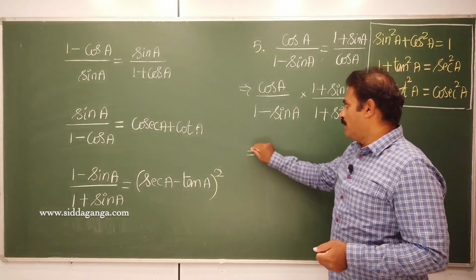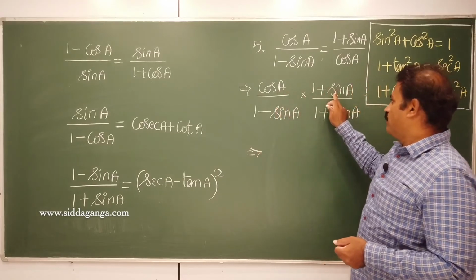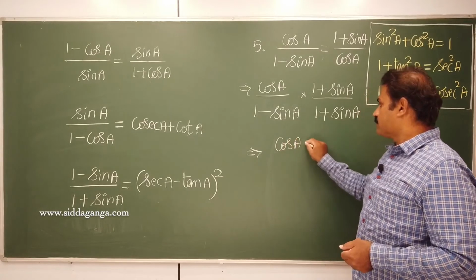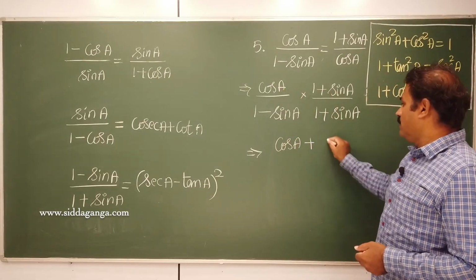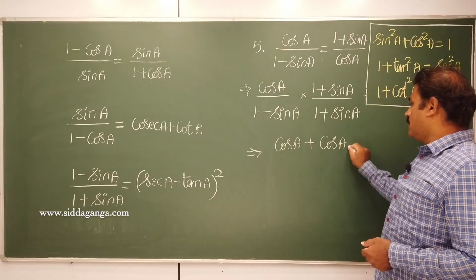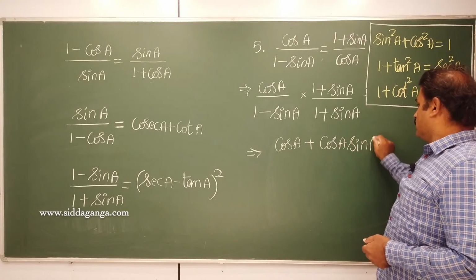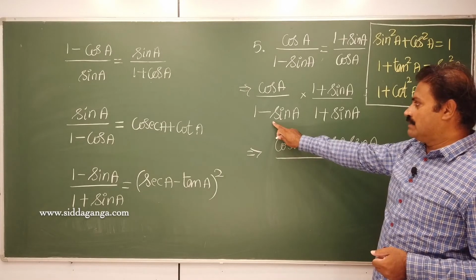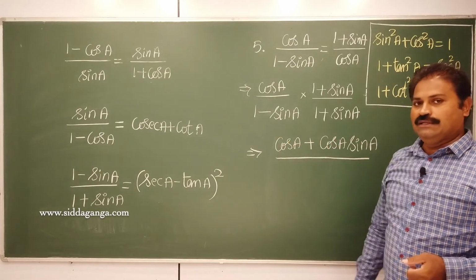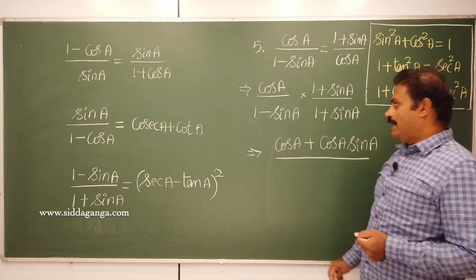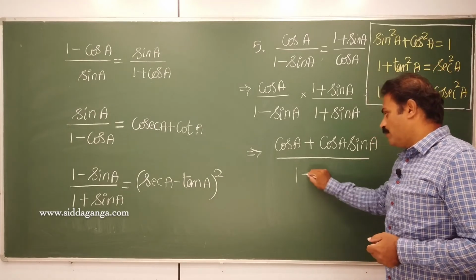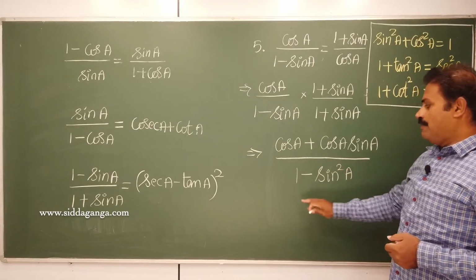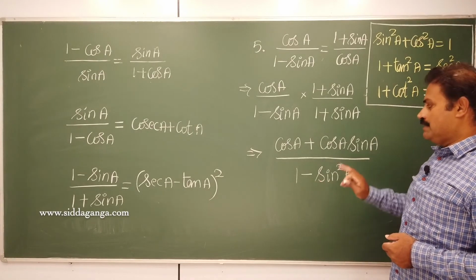On the top you can multiply cos A with 1 plus sin A. So cos A into 1 is cos A plus cos A into sin A is cos A sin A, divided by 1 minus sin A into 1 plus sin A, which is going to be 1 square minus sin square A. 1 square is 1, so you have 1 minus sin square A. So this is in the form of a square minus b square.